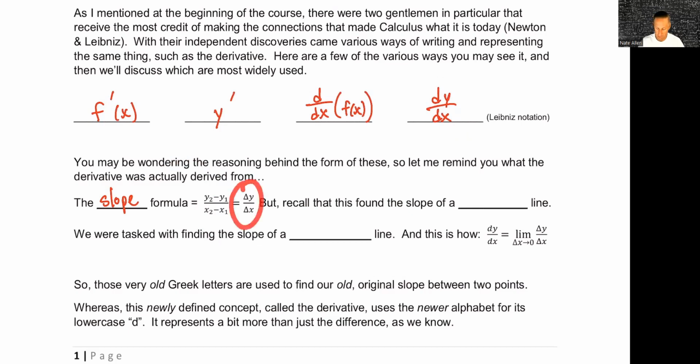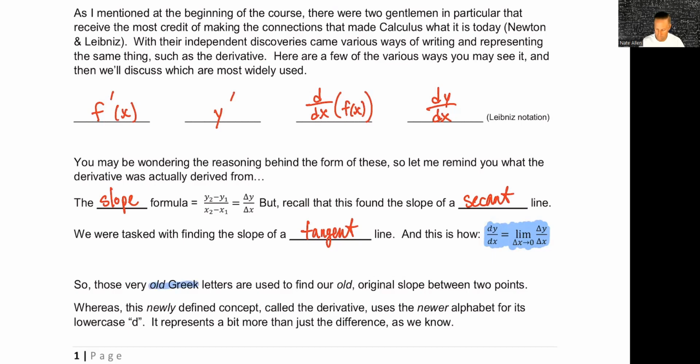Unfortunately, we know that the slope formula was that of a secant line, but we want to find the slope of a tangent line. And so what we are going to do to make sure that we recognize the difference is virtually take the old version for a secant, and we're going to make that difference approach 0, which gives us our derivative. So the way that you can remember this is pretty simple.